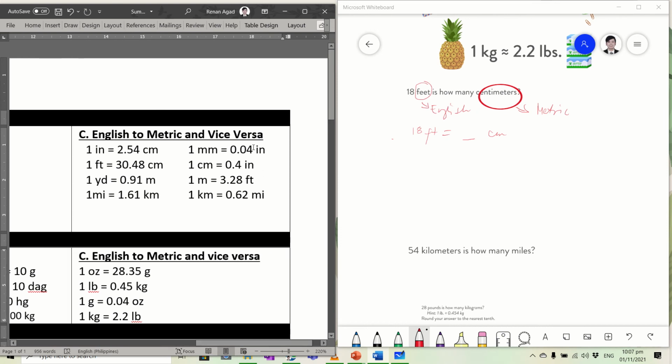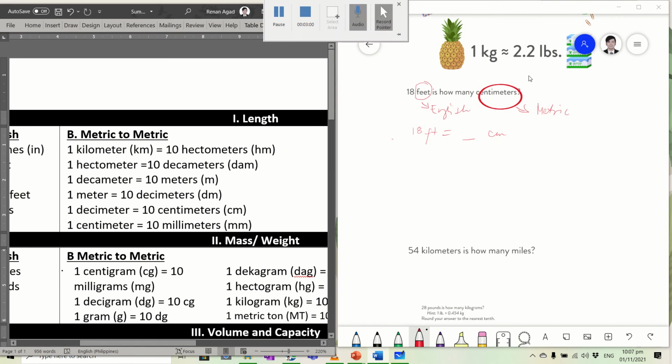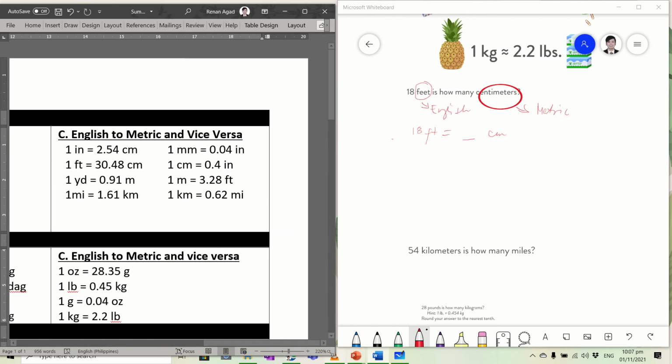We try to figure out from our conversion factor which relates feet to cm. So let's focus. Okay, so actually it's here. 1 foot is equal to 30.48 cm.